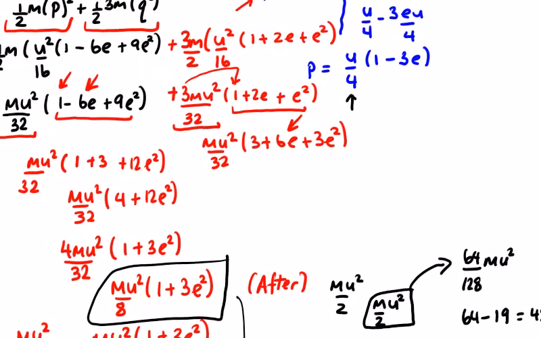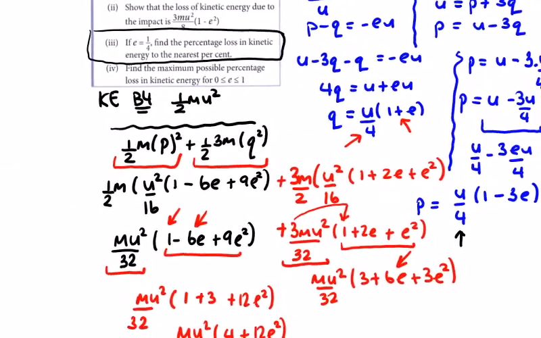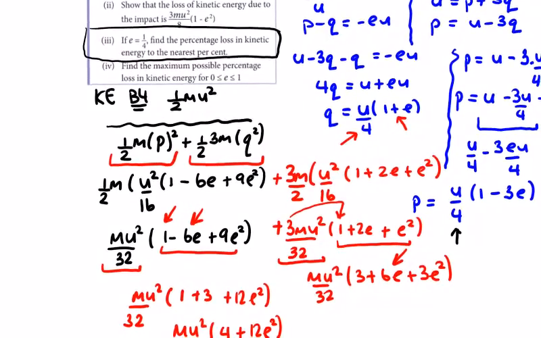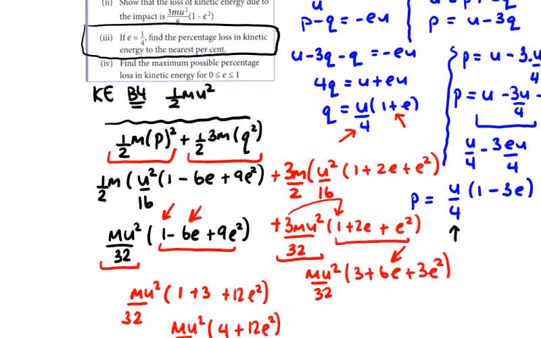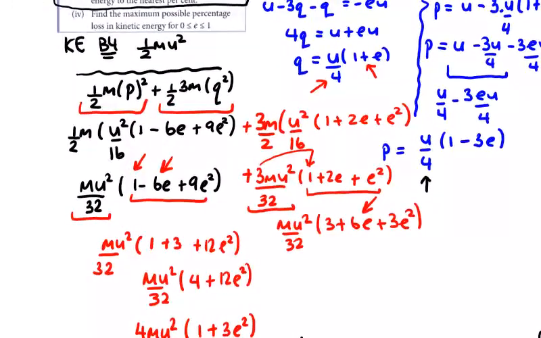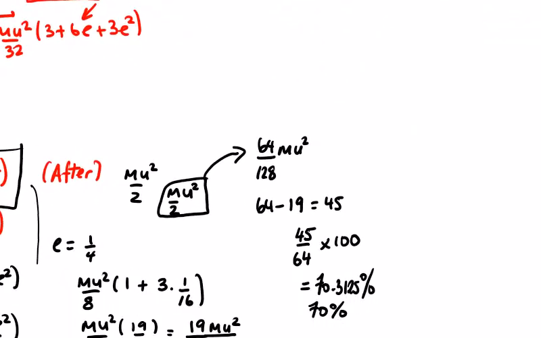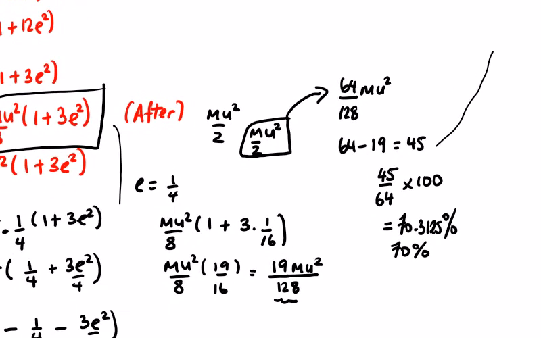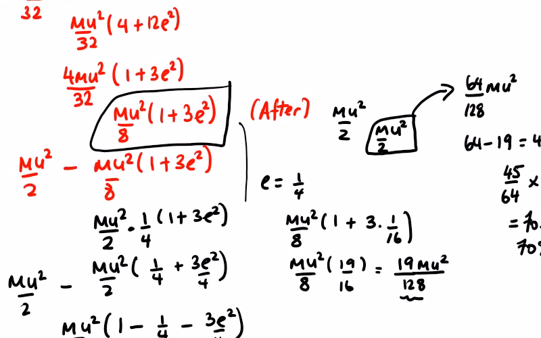And then the last question in this section of 7b, find the max possible percentage loss in kinetic energy, where e can be between 0 and 1. So let's have a look at the loss here. Well, there's no e in the first one, so it's only really afterwards. So how can we maximize this?